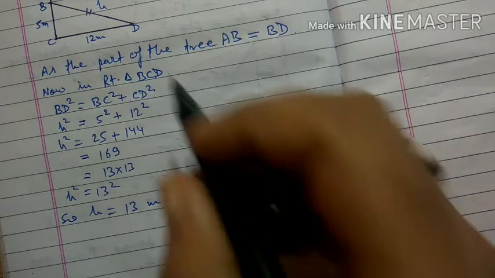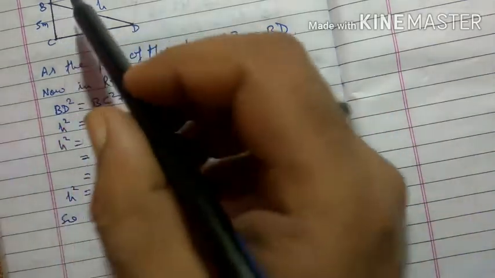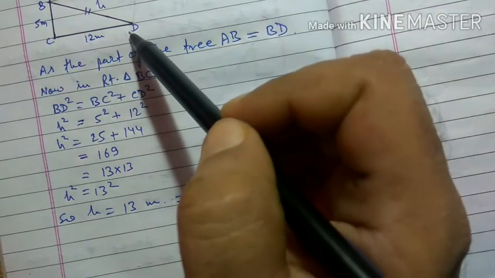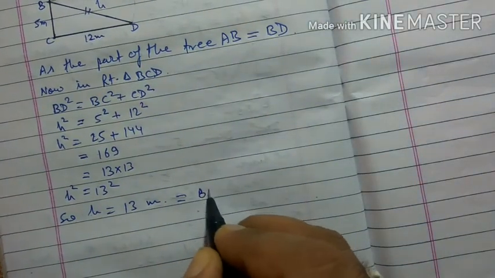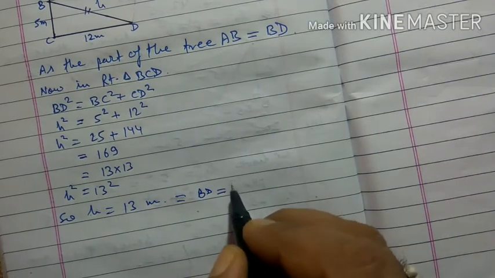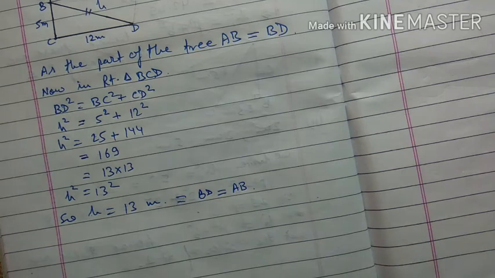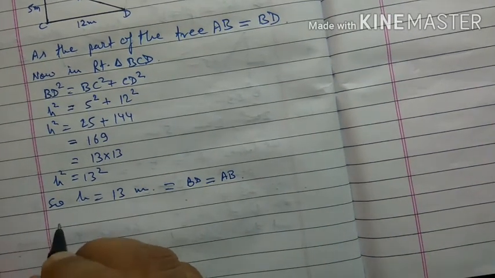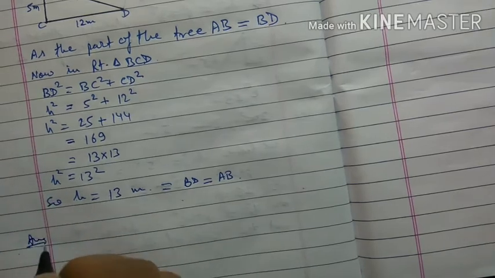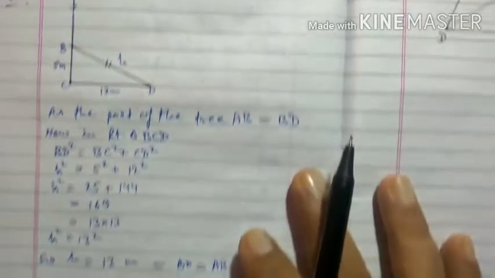As H is BD and BD is equal to AB, so AB is also 13 meter. Now from here we can write the height of the tree in the answer.